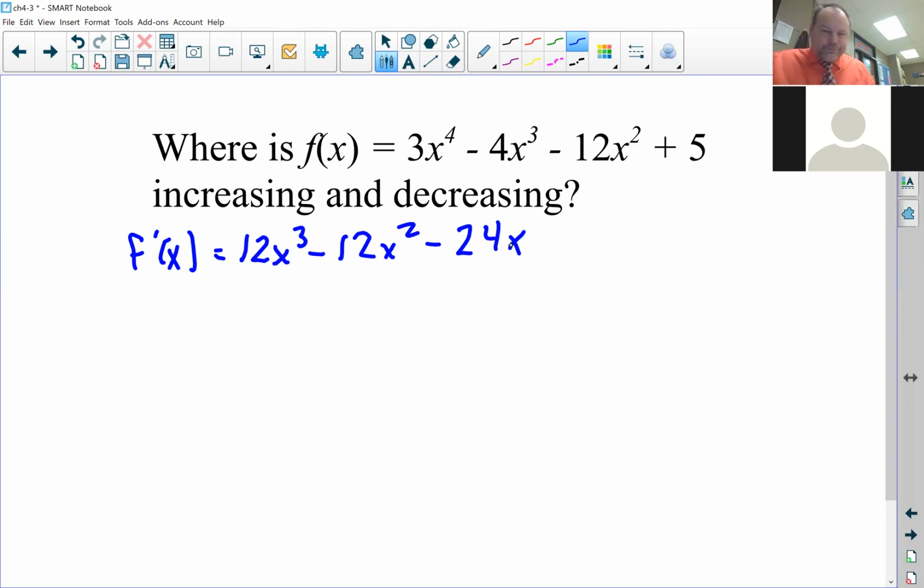So to find, again, where this function is increasing or decreasing, I'm going to look at the derivative, and I'm going to start by looking at where the derivative is 0. So I'm going to factor the derivative, and in this case, there is a factor of 12x that I can factor out.